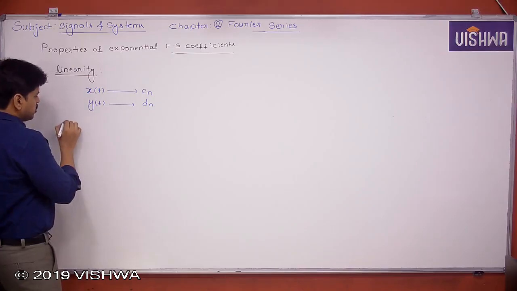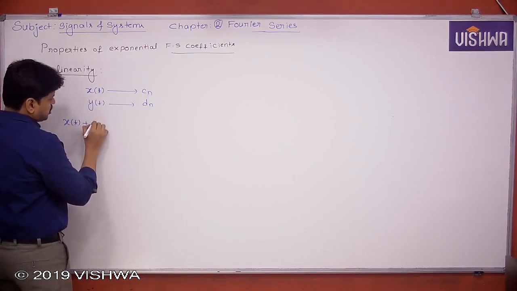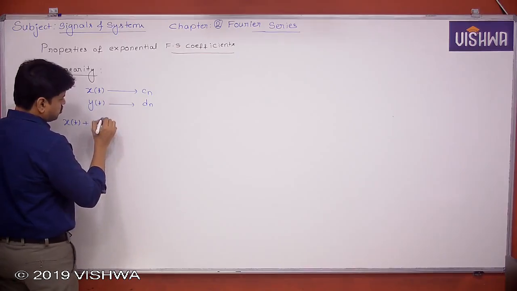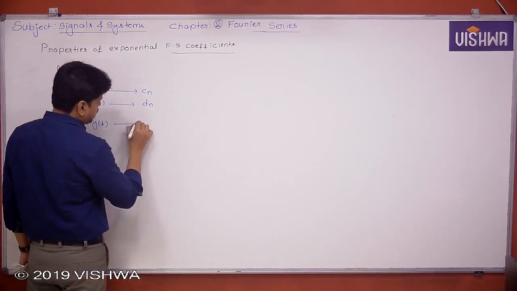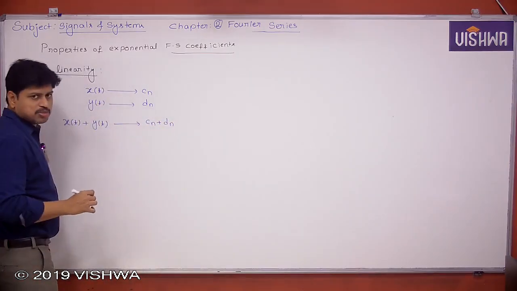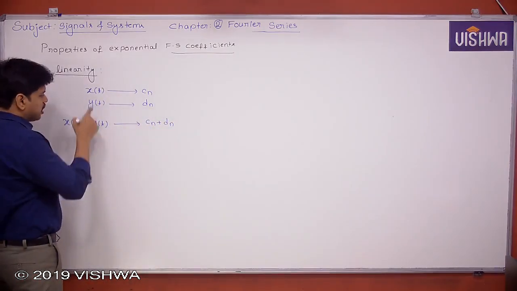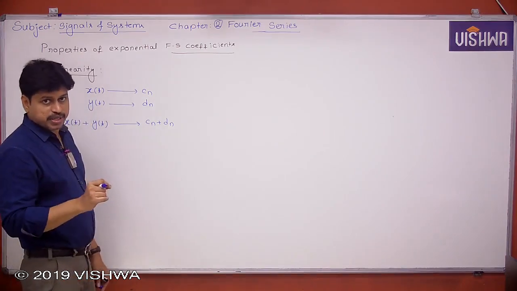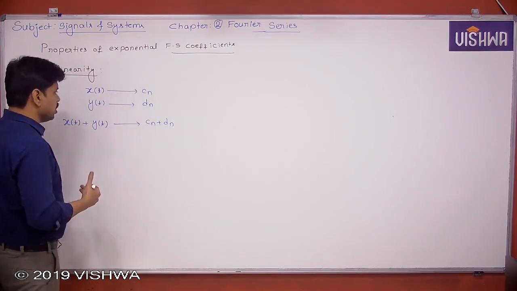Then what is the Fourier series coefficient of x of t plus y of t? It is the same as Cn plus dn. But you have to remember one thing here: both x of t and y of t must have the same period, then only this property can be applicable.